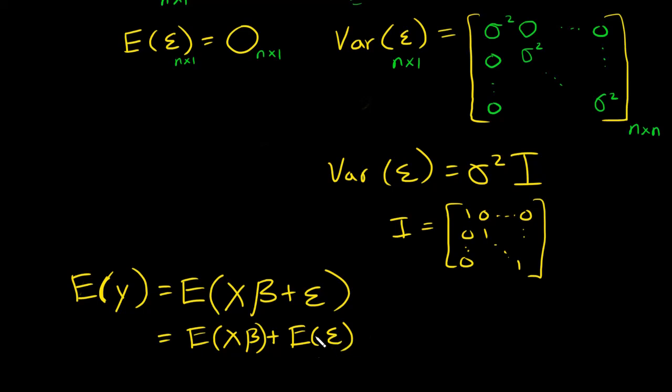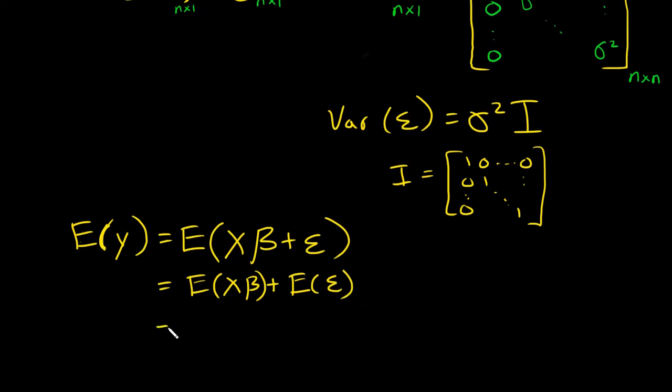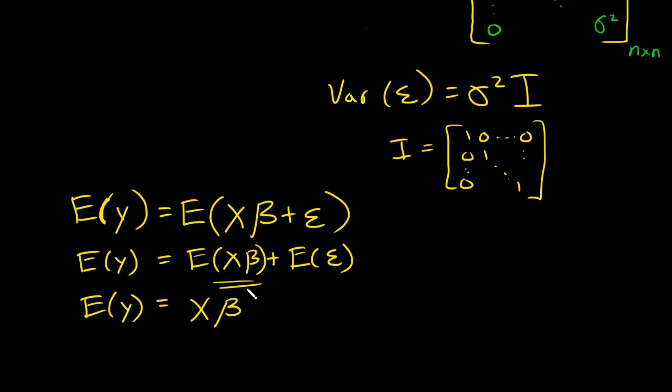We've already talked about the expected value of epsilon, we're assuming that's 0. And X beta is a constant: remember, we're assuming X is non-random, and beta is the model parameter, so that is also non-random. So this is just X beta plus 0, so the expected value of y equals X beta.